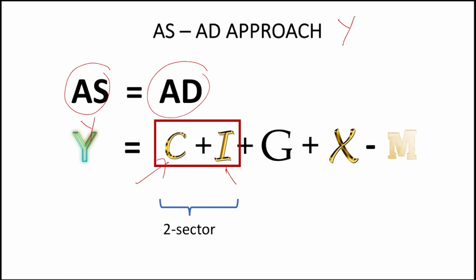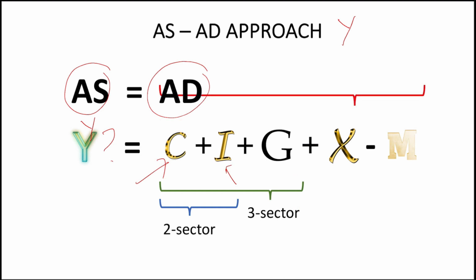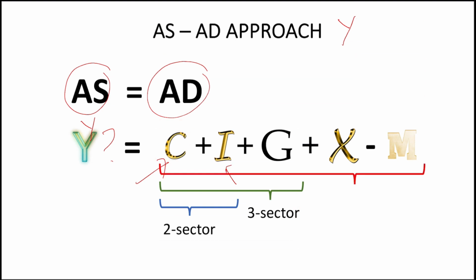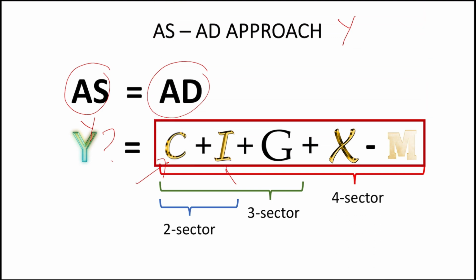For the 3 sector economy, we add one more agent, which is government. So government spending is the government expenditure. To find Y, C plus I plus G. Okay, and for 4 sector economy, we have C plus I plus G plus X minus M. That is for 4 sector economy.